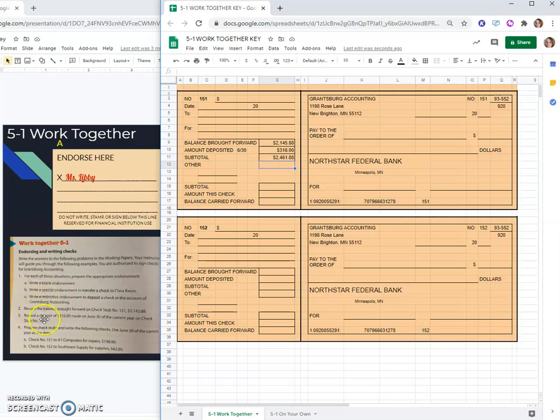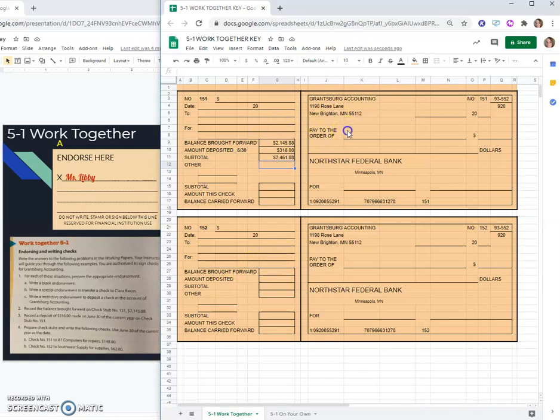Now, number 4, let's see, what does it say? Prepare check stubs and write the following checks. Use June 30th of the current year as a date.